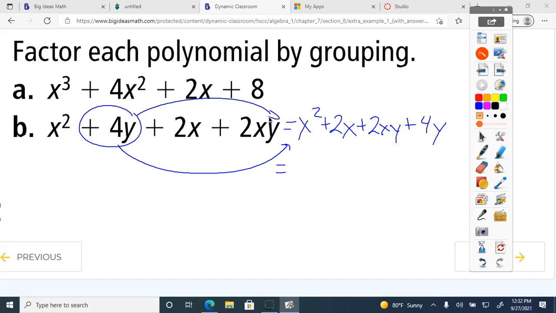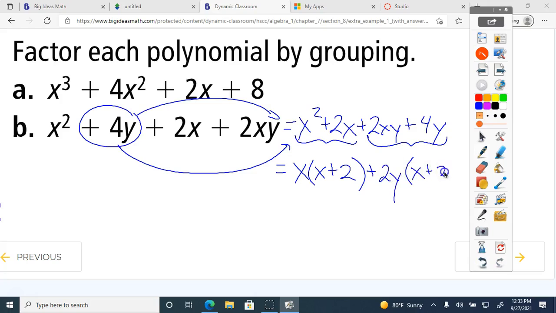All right, so here, what do they have in common? X. Take the x out, what's left? X plus 2. Here, what do they have in common? 2y. And what's left? X plus 2.